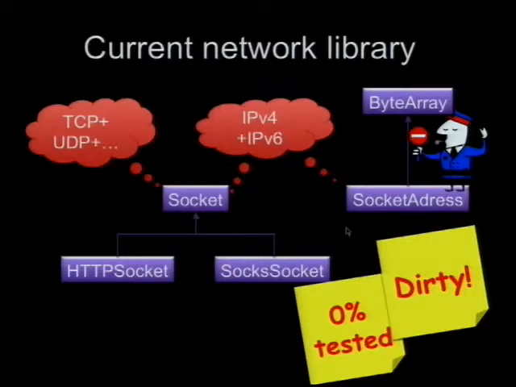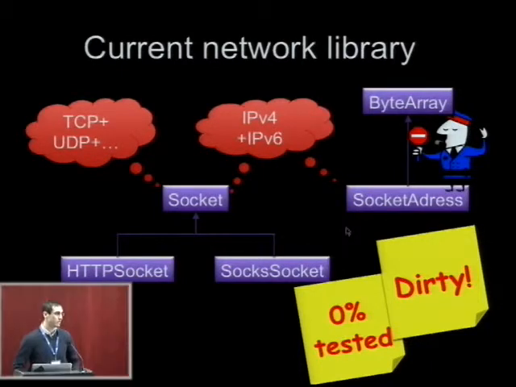It works for TCP, for UDP, for whatever, for all kinds of sockets. So it's a direct mapping with the non-object-oriented sockets from the operating system. So it's a direct mapping of the library, which is really, really, really non-object.